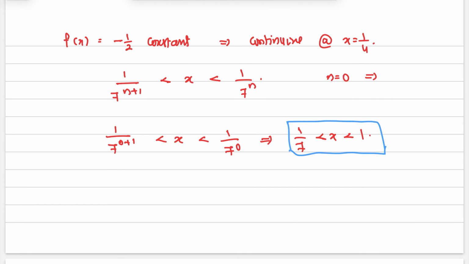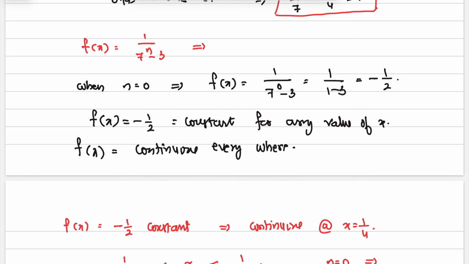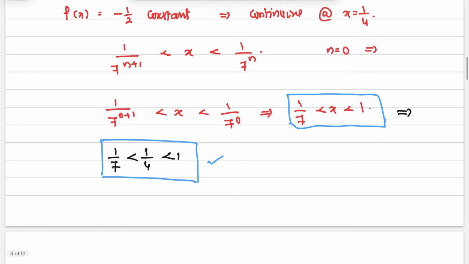This is what I have got from the condition given. But I do not know the value of x. Whether 1 by 4 fits in this? Let us see. This implies 1 by 7 is less than x is less than 1, if I put the value of 1 by 4 in place of x, is it correct? Yes. That means for x is equal to 1 by 4, this particular condition is fulfilled.